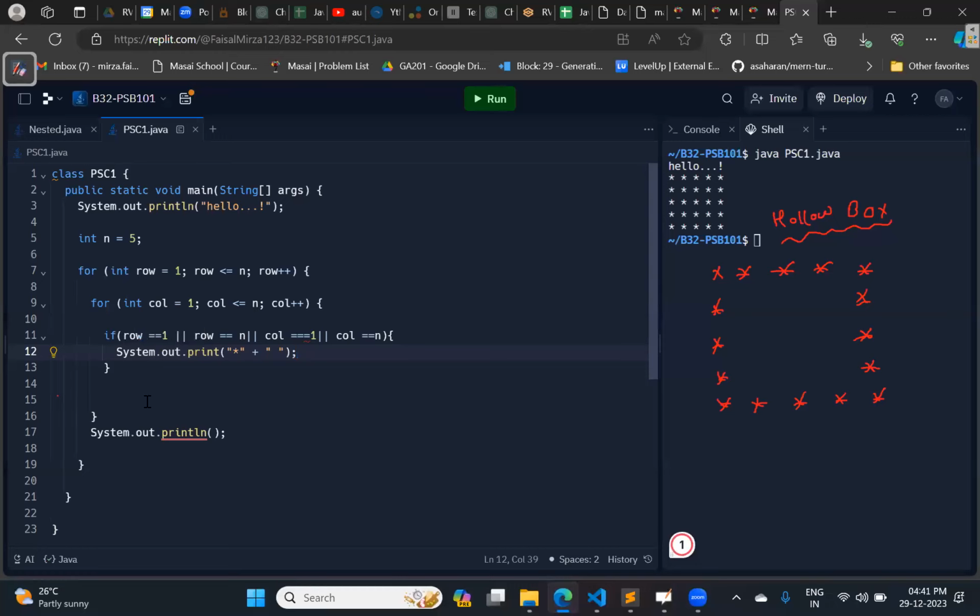If I just print the output, will I get the output as per the expectation? What do you think? Will I get the output as per the expectation if I just write this if statement? How many of you think that we will get the output as a hollow box? How many of you think? Just write 1. Based on only this if condition, we will get the output as a hollow box.